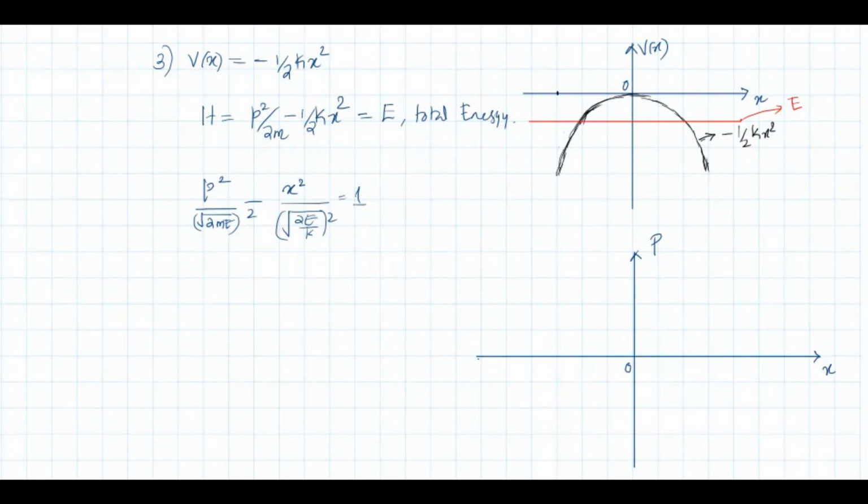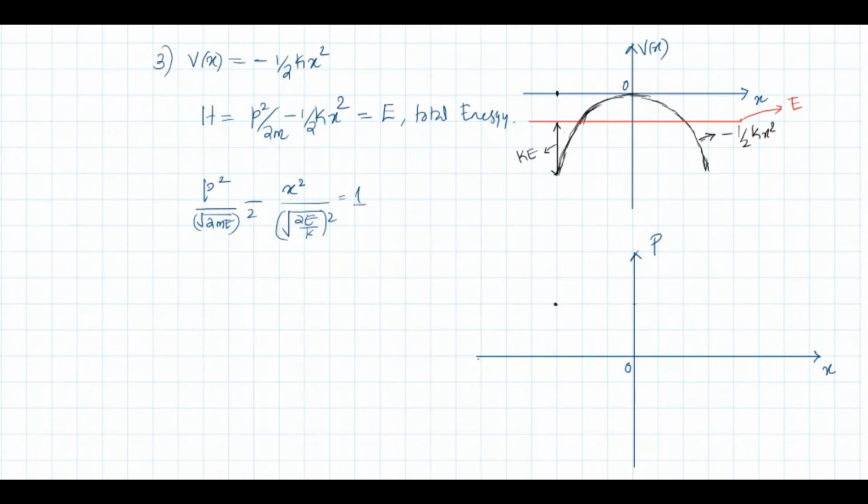Then its kinetic energy will be this difference, because the difference between total energy and potential energy gives you the kinetic energy. So at this negative x value the particle has some kinetic energy, so it will have a positive momentum like this.